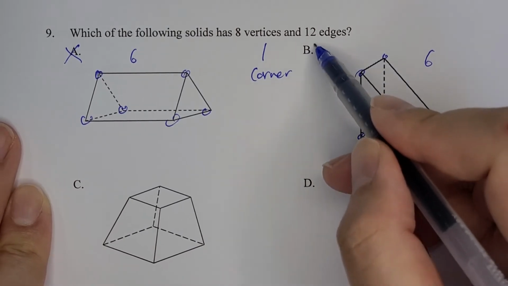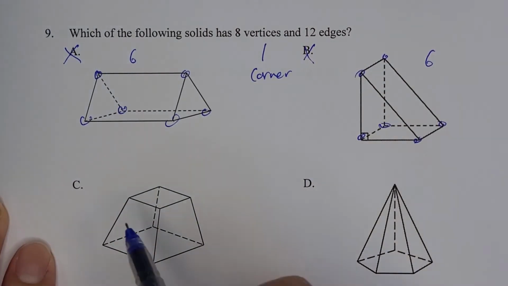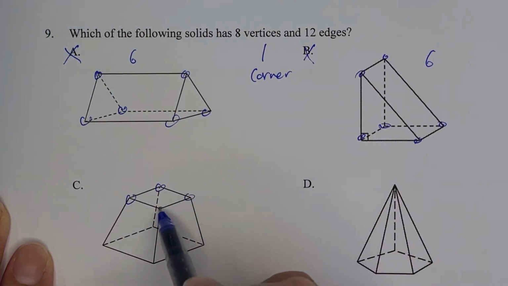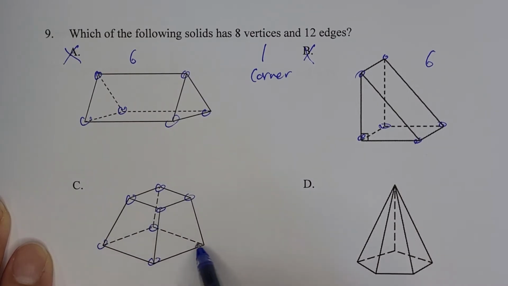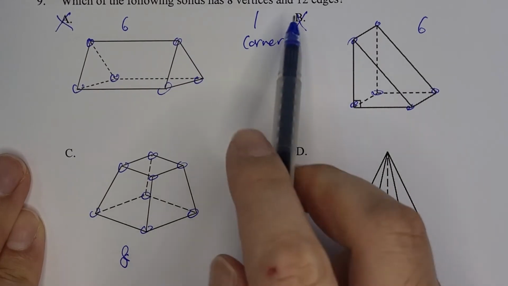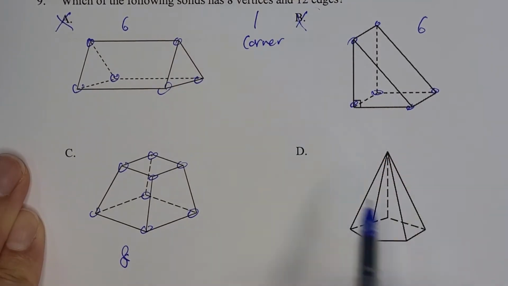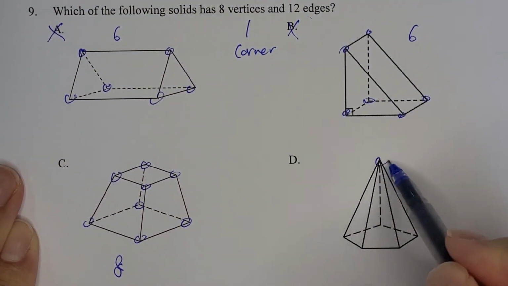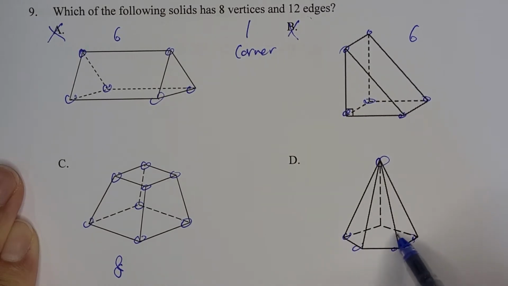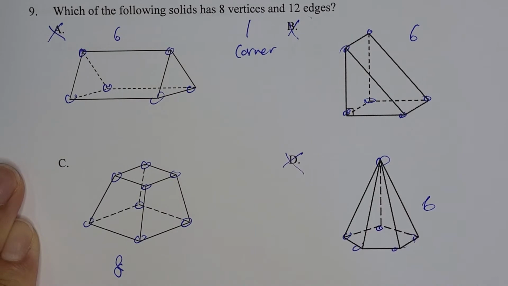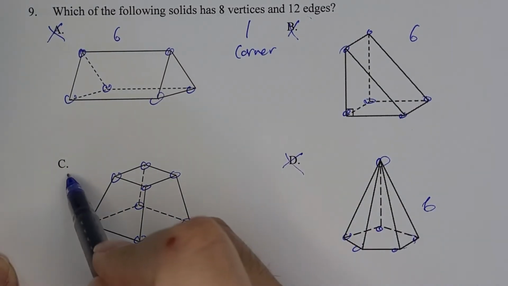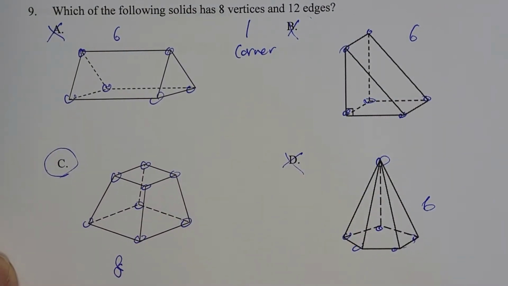So B is not the answer. C, 1, 2, 3, 4, 5, 6, 7, 8. Okay, 8 corners. It may be the answer because you need to check if it has 12 edges. D, 1, 2, 3, 4, 5, 6, 6 corners. So D is not the answer. You will find that the only option left is C.